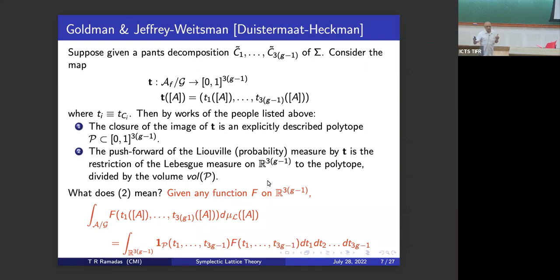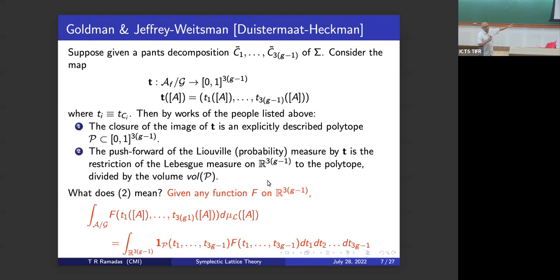A function on a symplectic manifold defines a vector field, and between functions you can define Poisson brackets. The point is that if I take two loops on the surface and look at the corresponding Wilson loops, the corresponding functions on phase space Poisson commute. So these 3G minus 3 functions define mutually commuting vector fields.